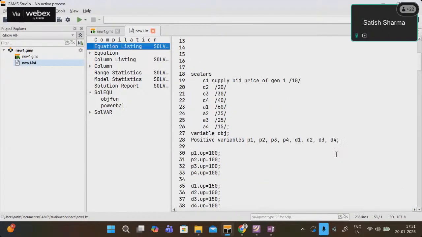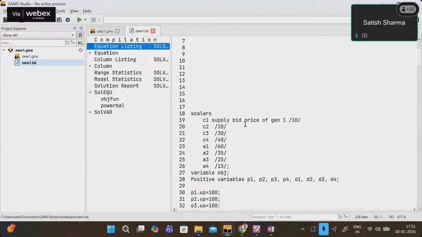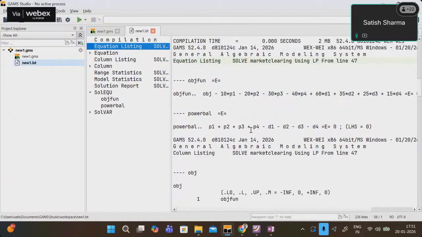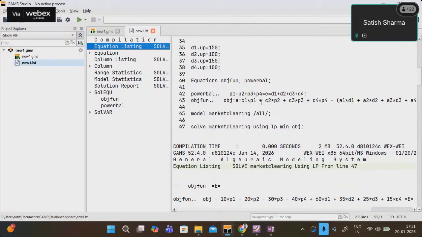Now how it reads everything is also important. So first of all, it will read equation 1, and the first equation was the objective function. So it will read the objective function minus, and everything will be brought to the left hand side. So you can see here the 10 p1, 10 p2 and all these values basically.